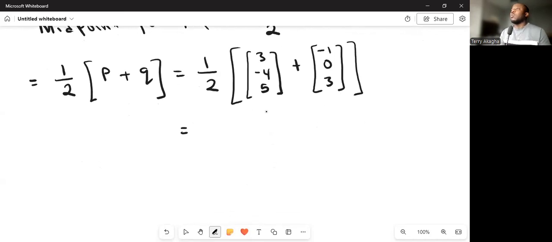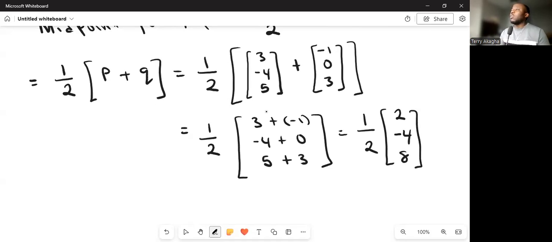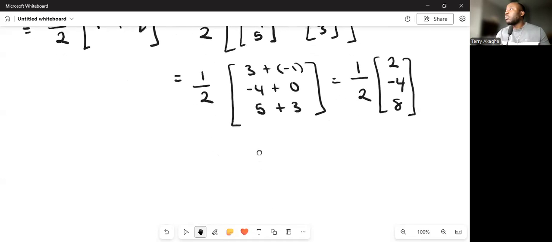So that will give you 1/2 of (3 plus -1, -4 plus 0, 5 plus 3). 3 minus 1 will give you 2, -4 plus 0 will give you -4, and 5 plus 3 will give you 8.